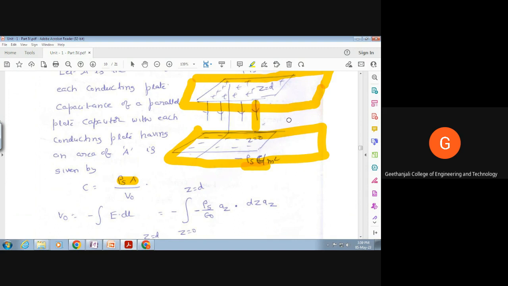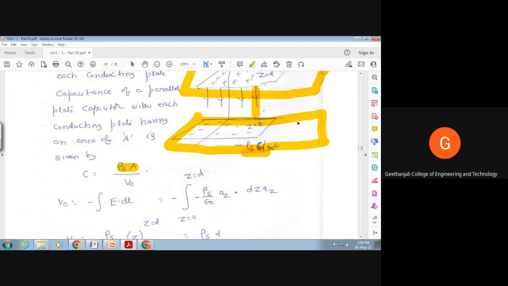But because at any point between these two plates the electric field gets added, the total electric field is equal to rho S by 2 epsilon naught plus rho S by 2 epsilon naught. So it is going to be rho S by epsilon naught. What is the direction of this one? Minus Az. So the electric field is given by rho S by epsilon naught, and the direction is minus Az.